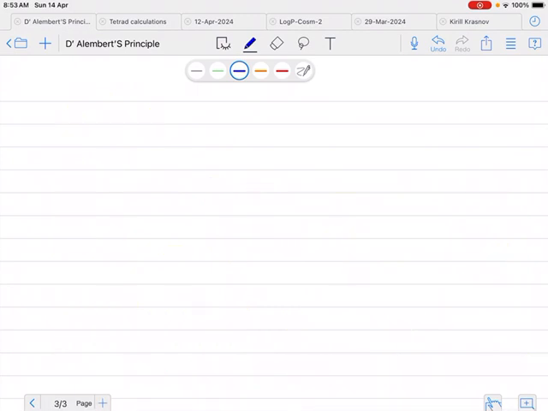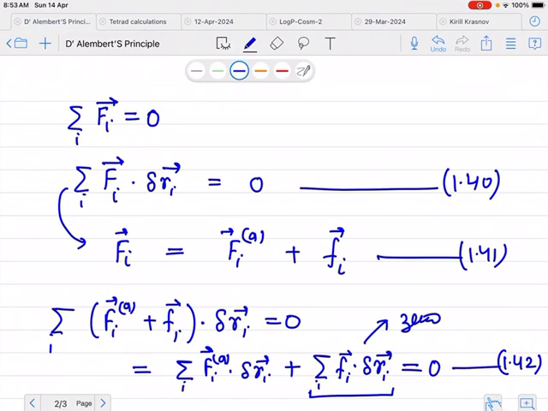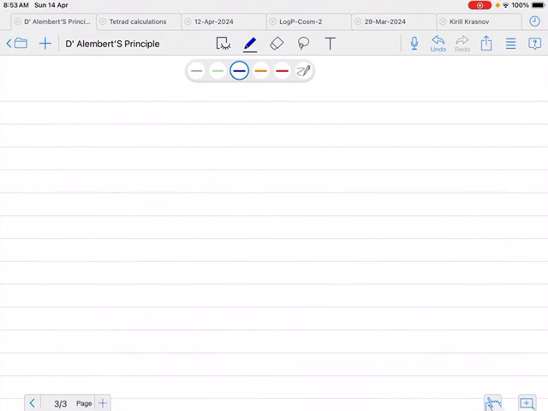And we know that this condition is true for the rigid body system, and it is also valid for a large number of other constraints.